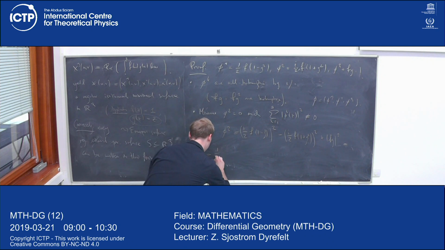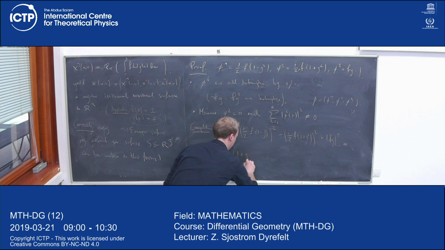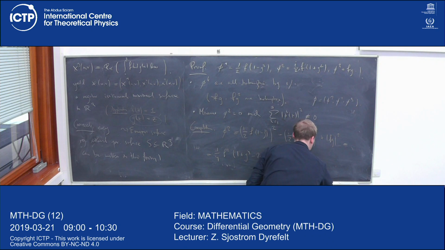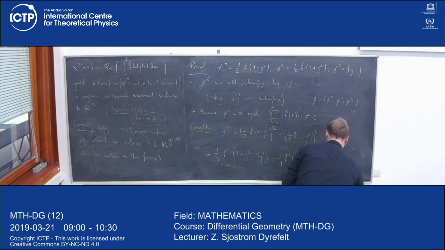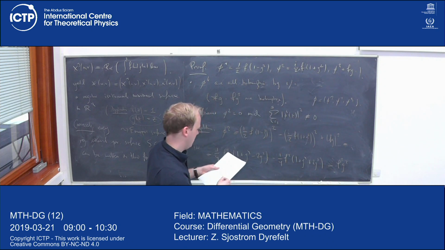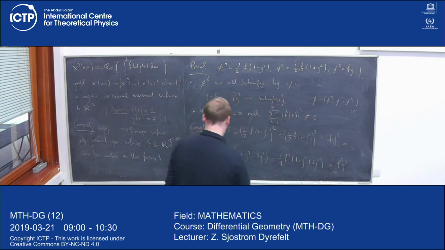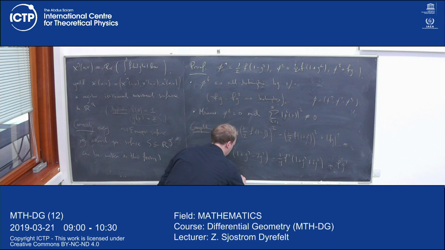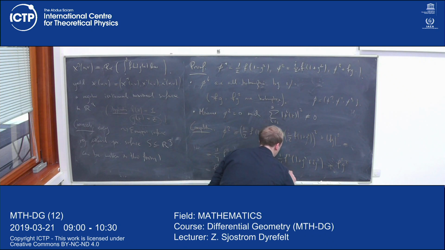So this is equal to 1/4 f squared times (1 plus g to the 4 minus 2g squared), minus 1/4 f squared (1 plus g to the 4 plus 2g squared), and then minus 1/2 f squared g squared, which is equal to f squared g squared minus 1/2 f squared g squared minus 1/2 f squared g squared, equal to 0.